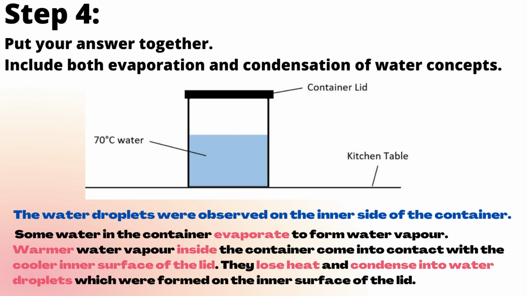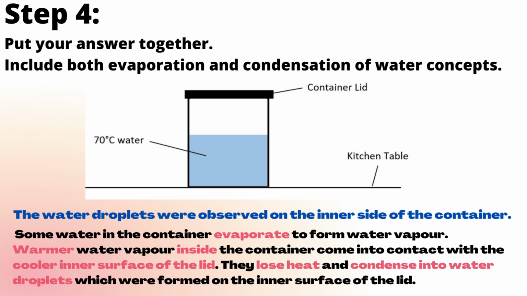Okay, we know that hot air rises, right? But be careful not to use the word air. Use the word water vapor. Now, why? Because air is a mixture of different types of gases.